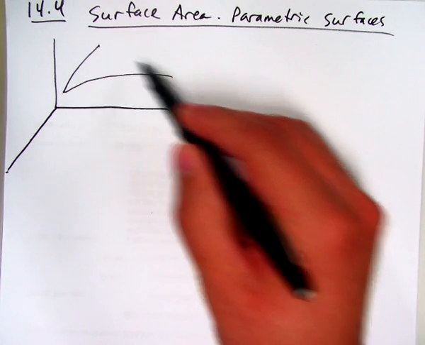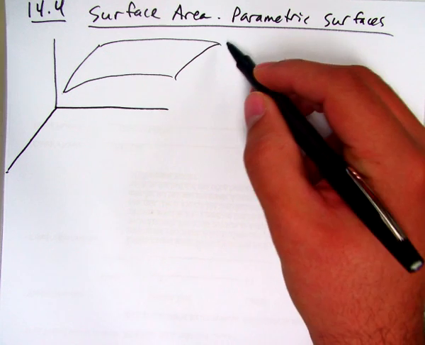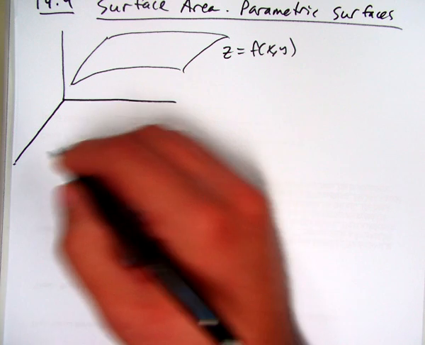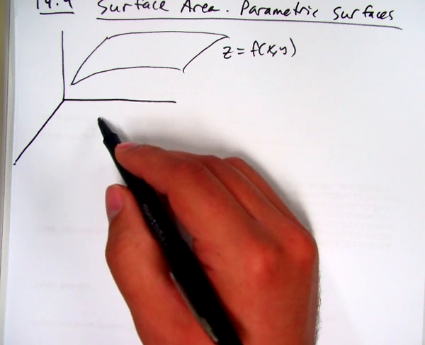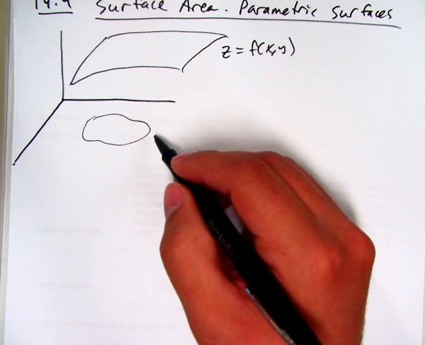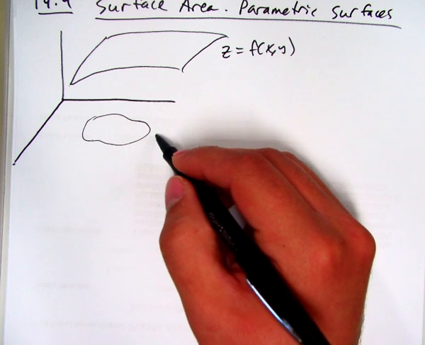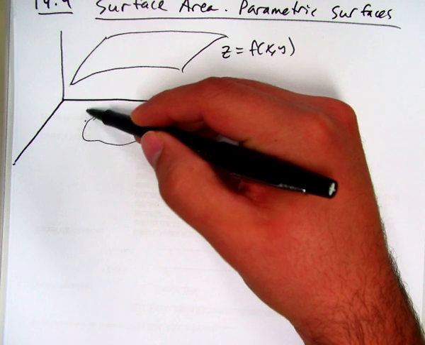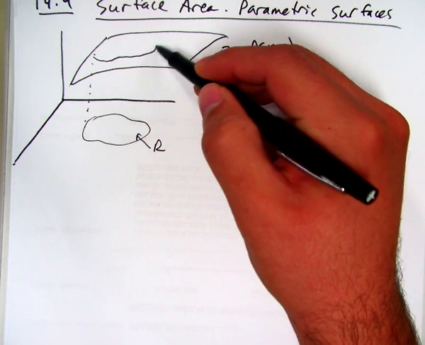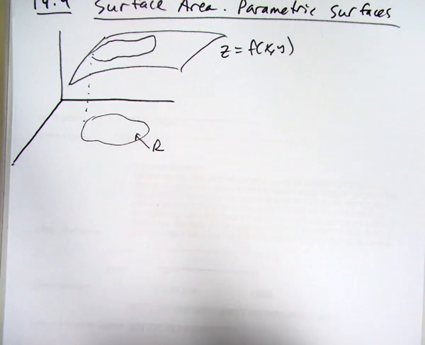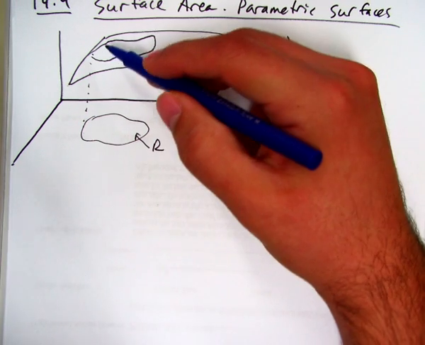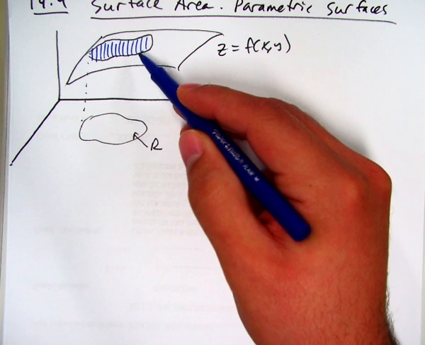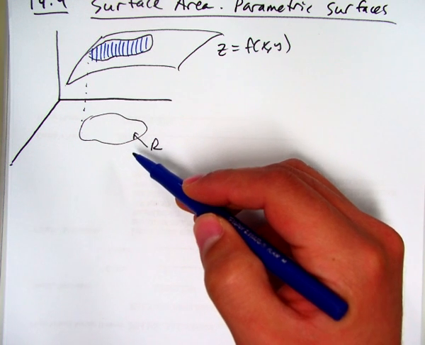So up here we have some function, z equals f of x, y. Down here we have some region R. And if we go upwards to the surface, what we're going to be interested in this section is figuring out what area on the surface corresponds to the region below in the xy plane.